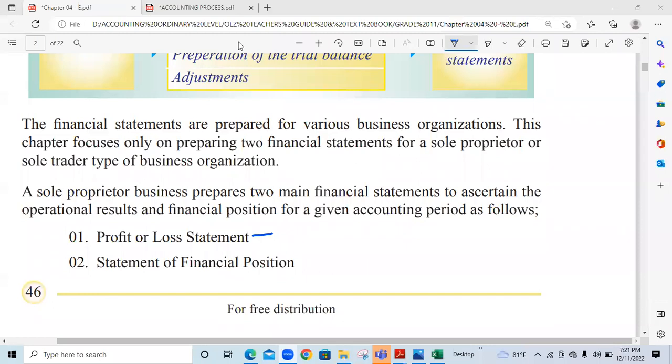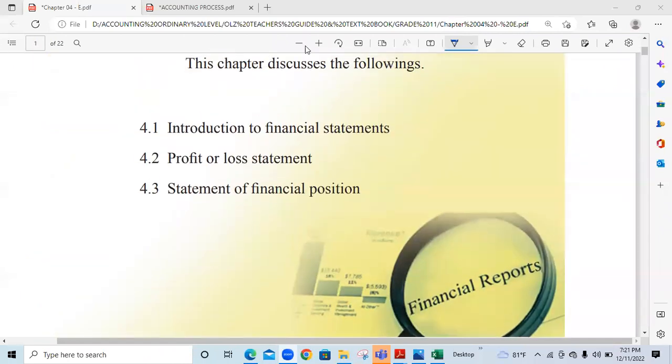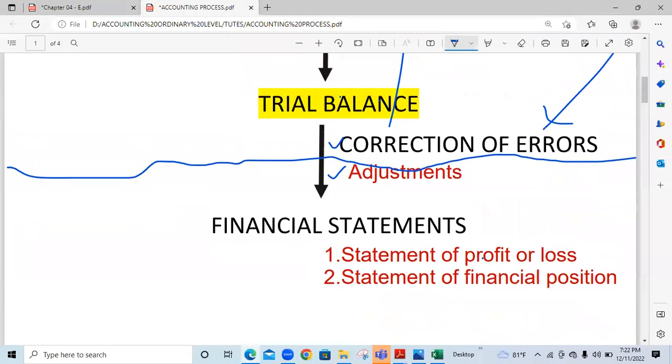Okay. Yes, Mohammed. So guys, can you all take your book? Can you all take your book and write? See here, you all have financial statements, right? So if you have written here statement of profit or loss, statement of financial position, can you all write the objective? If you have space, put a dash here and write the objective.